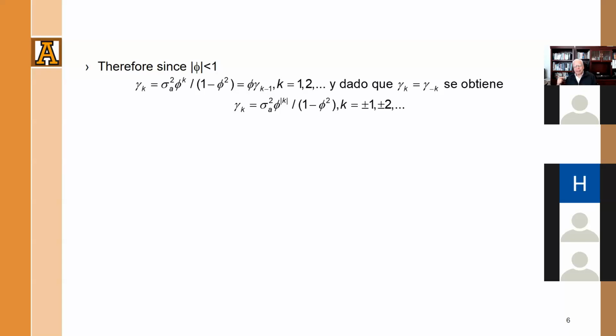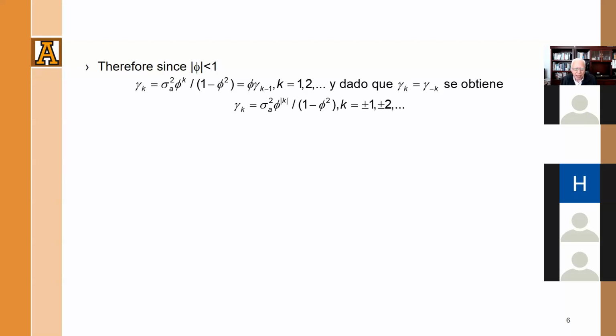Now remember that the autocovariances are symmetric around 0. That is, whether I move k periods ahead or k periods behind, the autocovariance is the same.